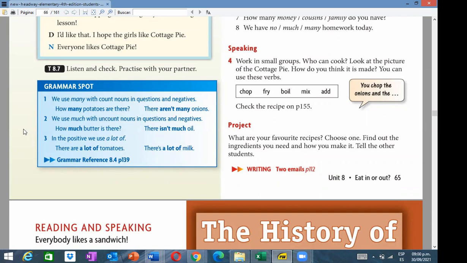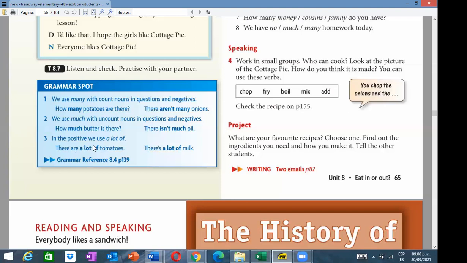The next rule, number 2, we use much with uncountable nouns in questions and negatives. Okay, as you know the rule, how much butter is there? The question. Then it's negative sentence. There isn't much oil. No hay mucho, right?